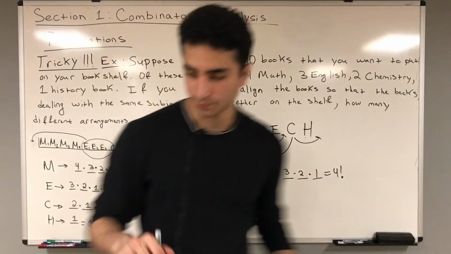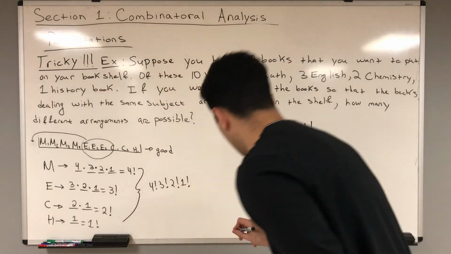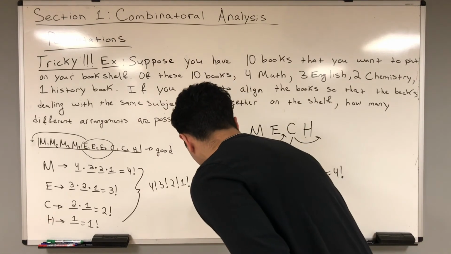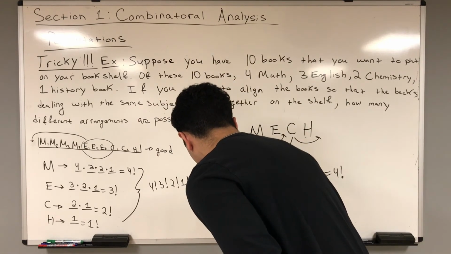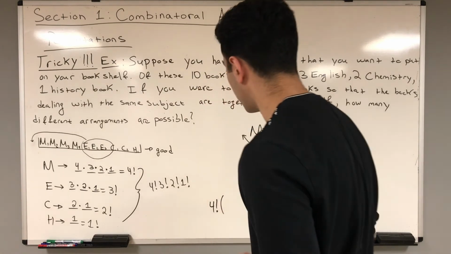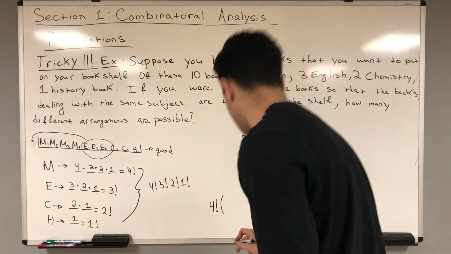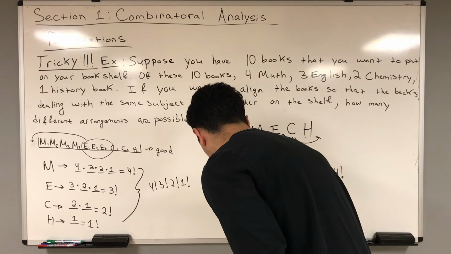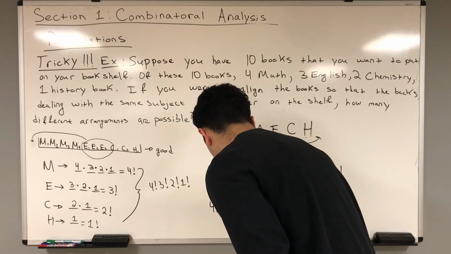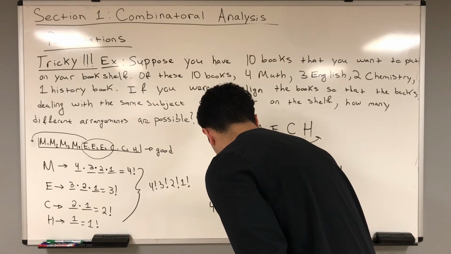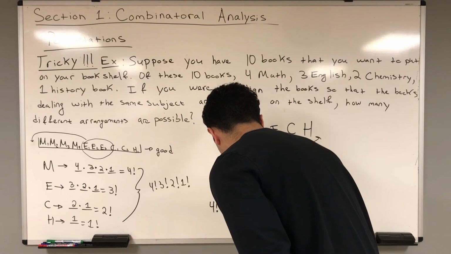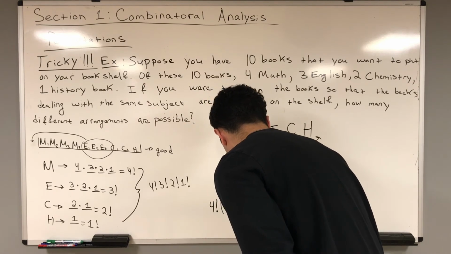So let's do it. What you end up getting is the 4 factorial from here times, so I'll put big parentheses, this beast, which is 4 factorial times 3 factorial times 2 factorial times 1 factorial. Okay?